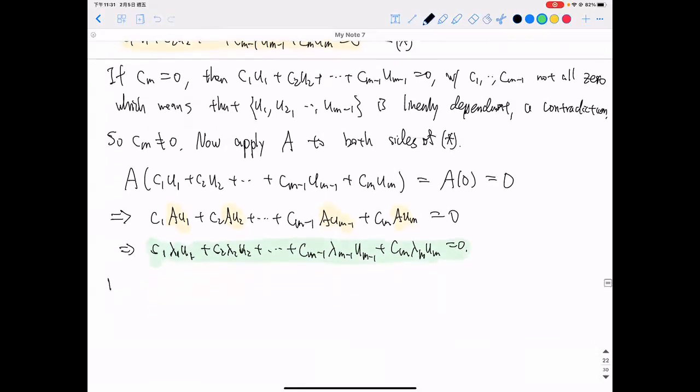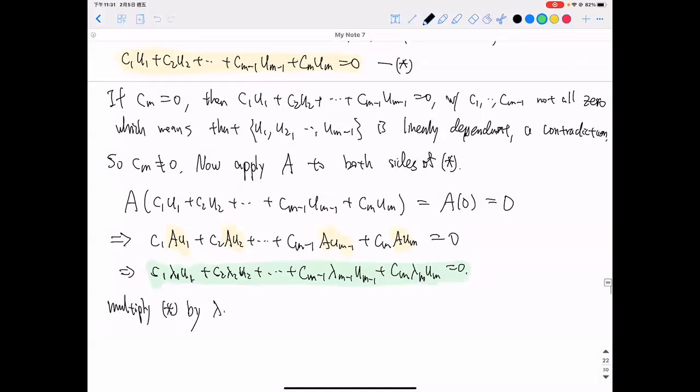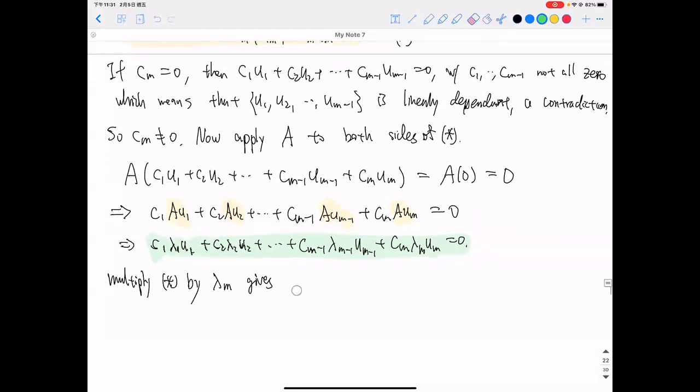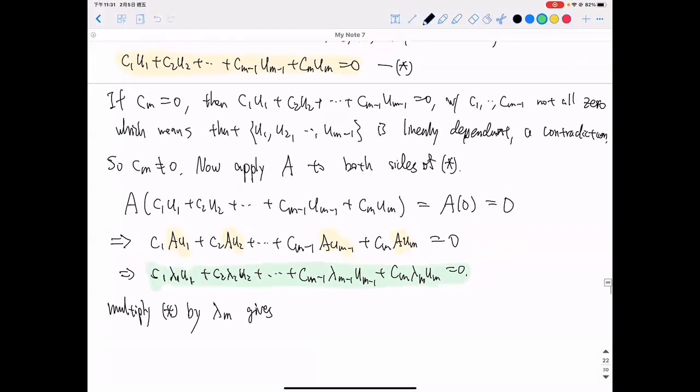Now multiply star by the following factor, lambda m, which gives another equation. Star was as you see here, so you just get C1 lambda m U1, C2 lambda m U2, up to C(m-1) lambda m U(m-1) plus Cm lambda m Um equal to 0.